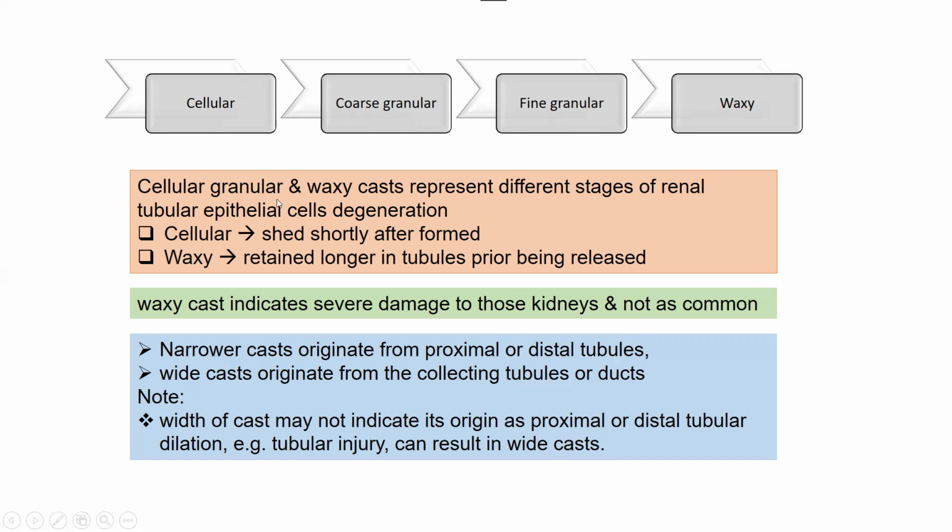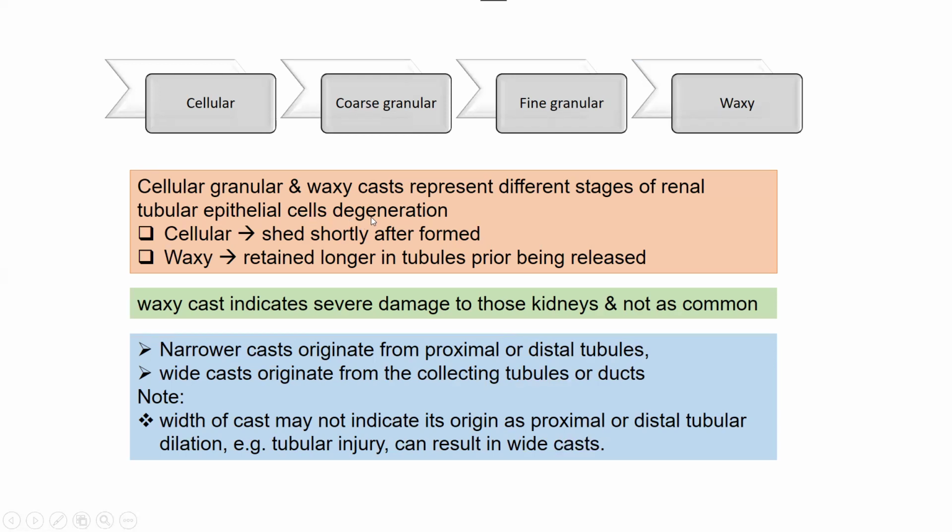So, cellular, granular, and waxy cast basically represent different stages of renal tubular epithelial cell degeneration. So, if the cells are sloughed off from the tubules, they will first form cellular cast. Then, if the cast stays there, cells will start to degenerate.